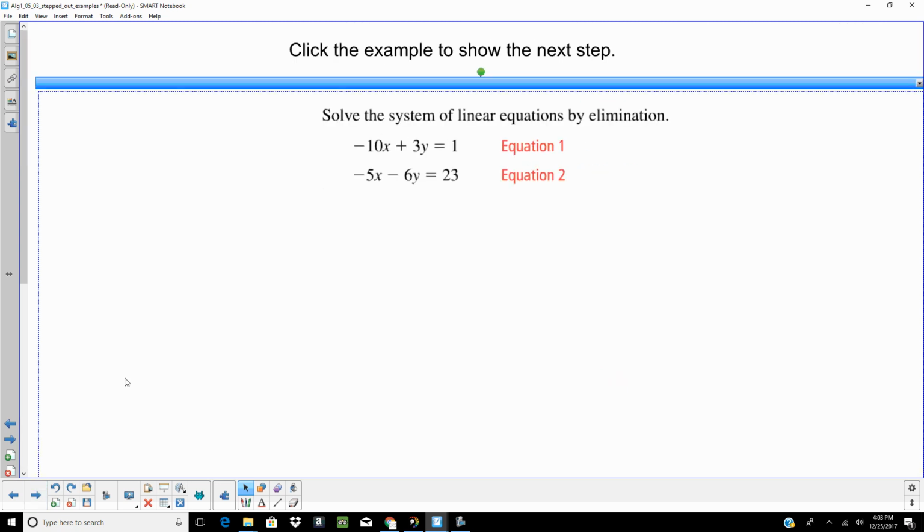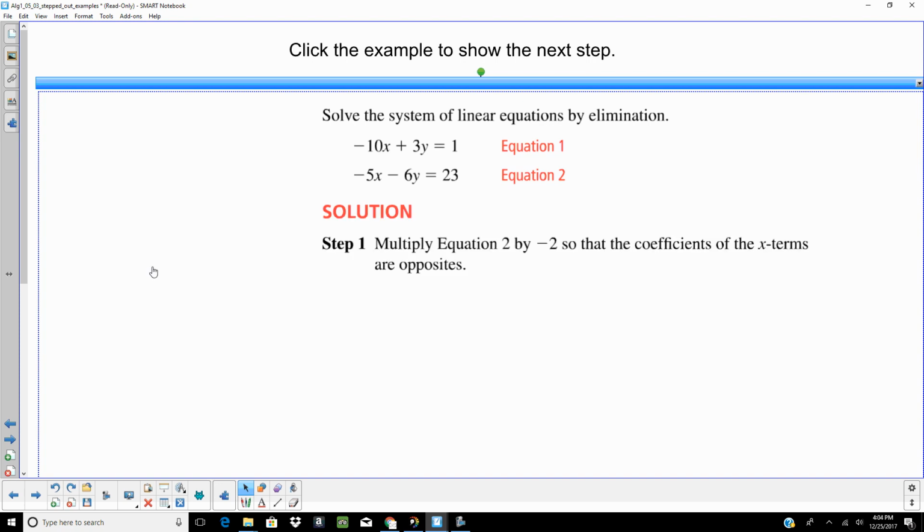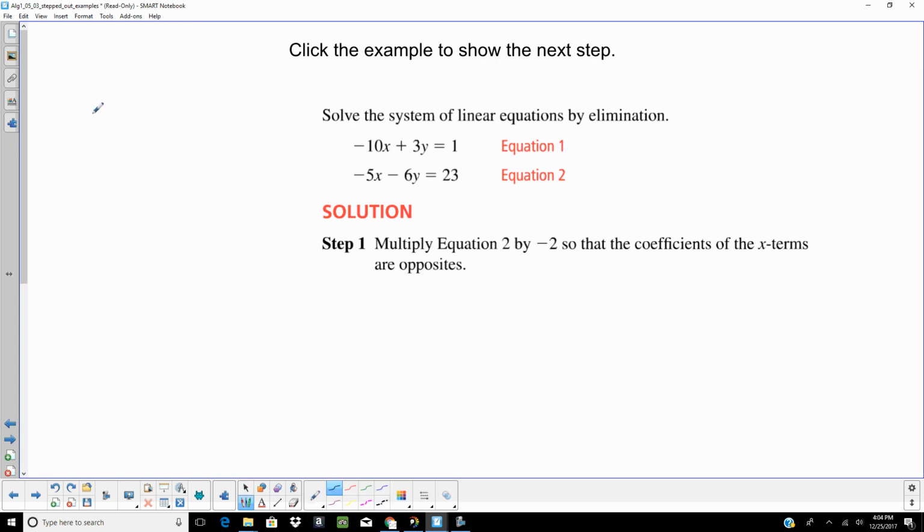On our next example, negative 10x plus 3y equals 1, and negative 5x plus negative 6y equals negative 23. We need to have opposite coefficients. So what I notice right here is I have negative 10.